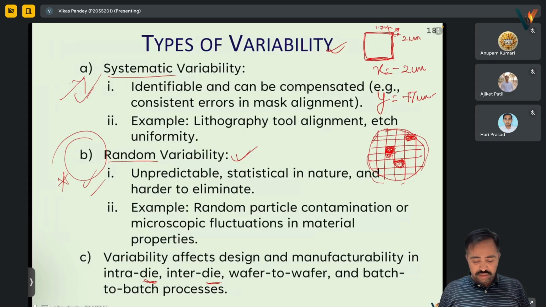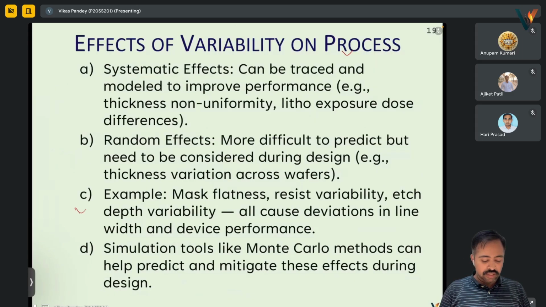Random effect, yeah. So we have already seen this, like mask flatness, resistor, like there can be different kinds of deviations. Okay, so there are some tools like Monte Carlo methods that help to predict and mitigate these effects during design itself.